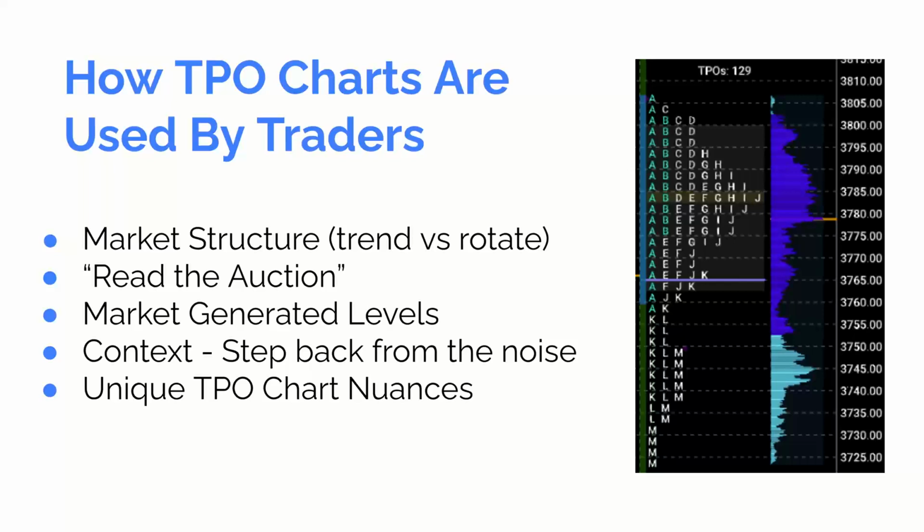One of the things I like to look at when I use the word market structure is trending versus rotating. And you get unique shapes in the profile. On a trend day, you'll tend to see a thinner profile, a little more stick figure-like, whereas on a day where it's rotating, you will see more of a fat profile, kind of shorter, squatter.